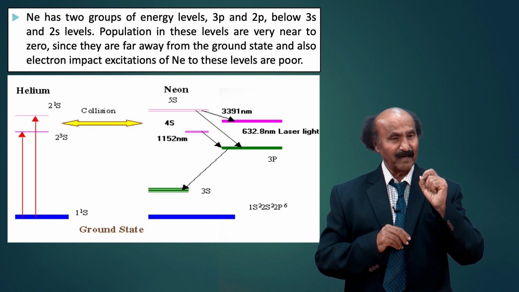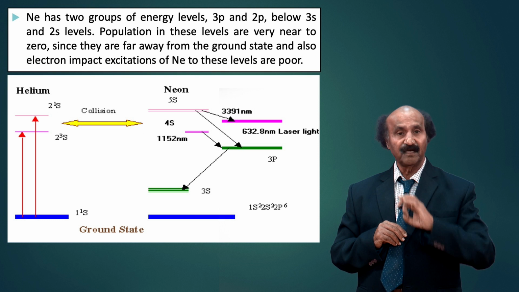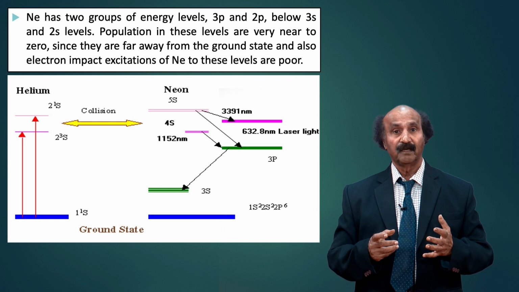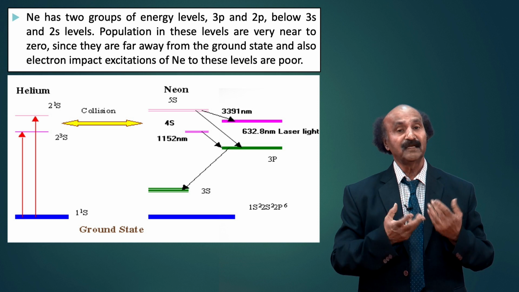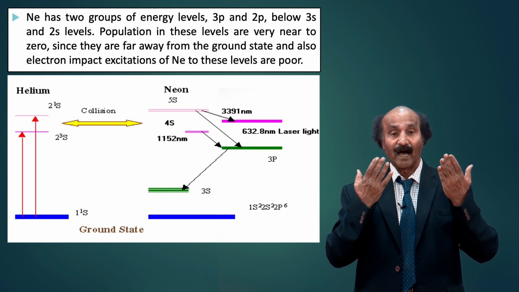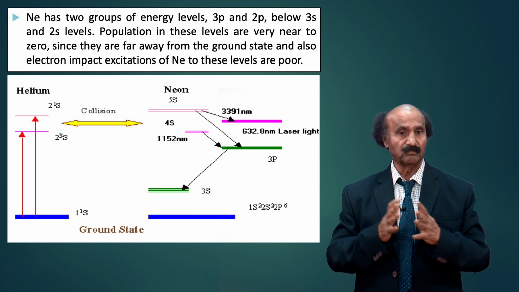Helium has gone to a metastable state means it will be in an excited state, but running around here and there. It will be something like an angry atom. It will be hitting everything: the walls of the tube, the other helium atoms, the neon atoms, everything.